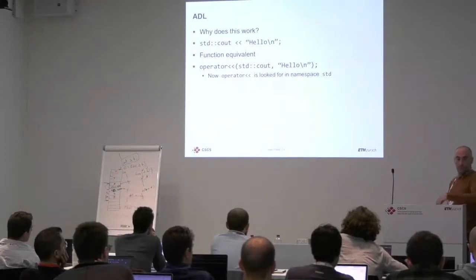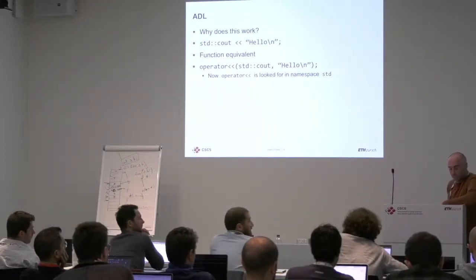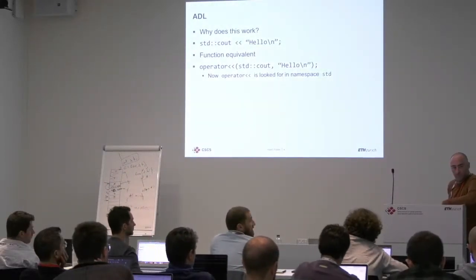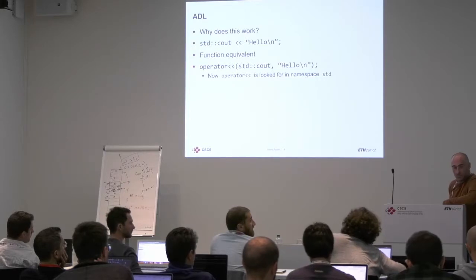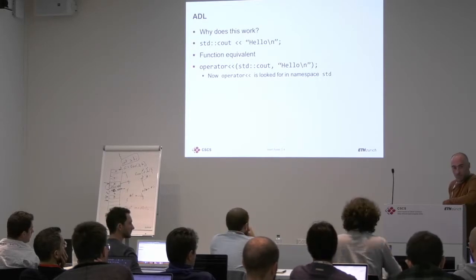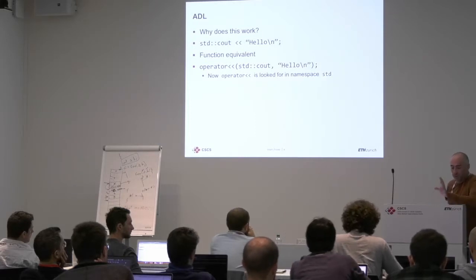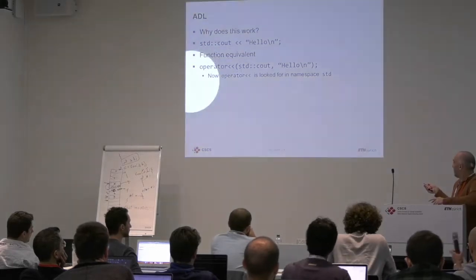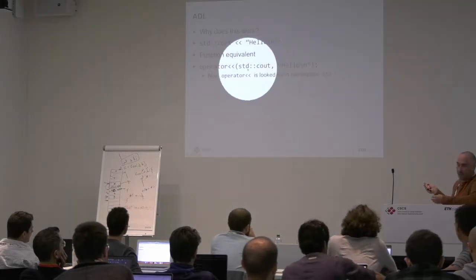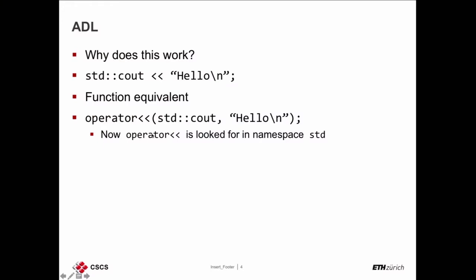So I have a small refinement. The compiler looks not at std cout, but at std ostream, because it looks at the type. So cout is a type that lives in std namespace. And it will look at all the arguments.